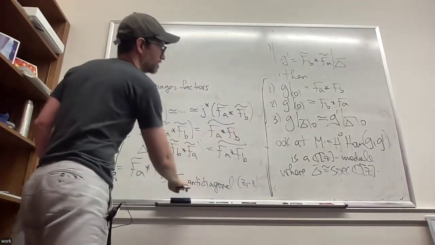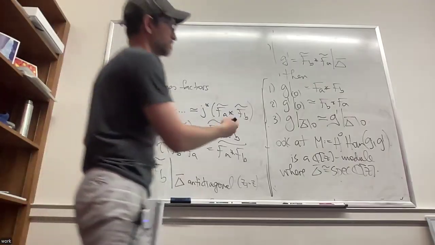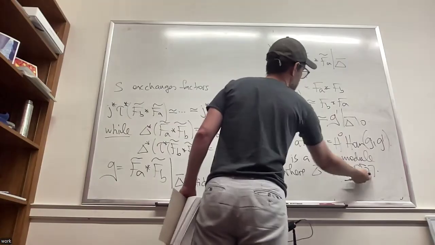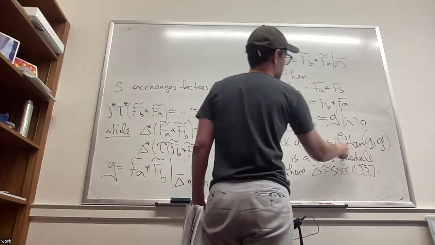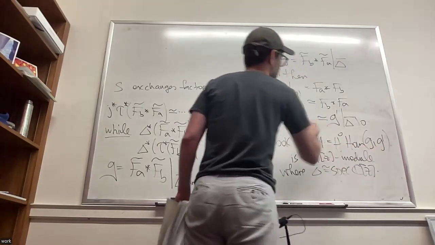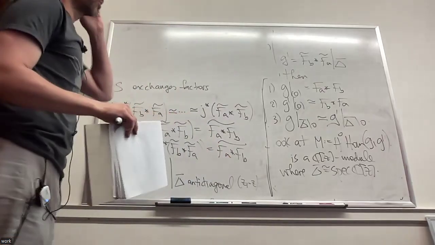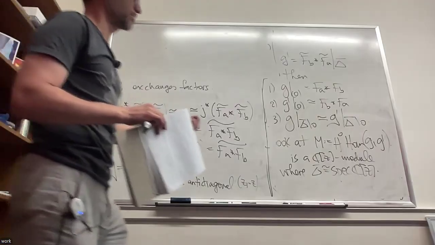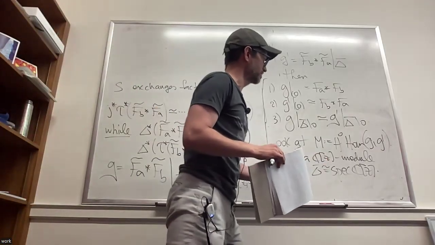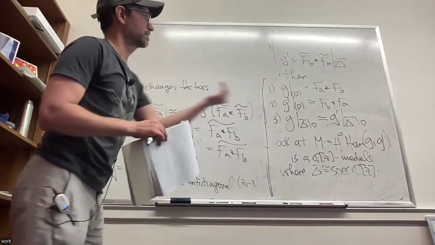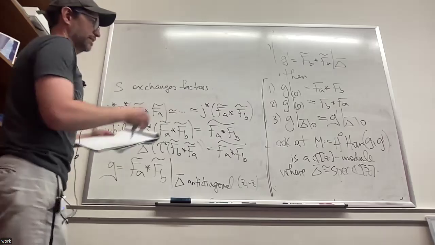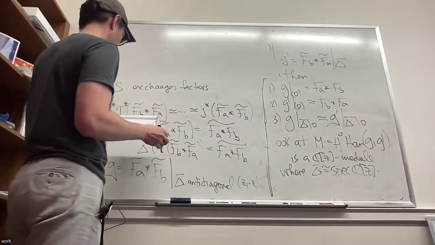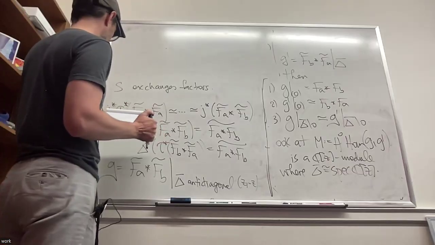And away from the origin, away from Z equals 0, these two things are isomorphic by this isomorphism. So what you can do is take that isomorphism and multiply it by some large power of Z so that it extends to the whole thing, and you can take the minimal such power.